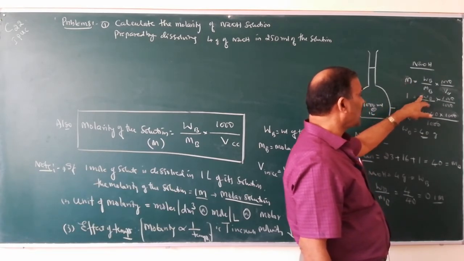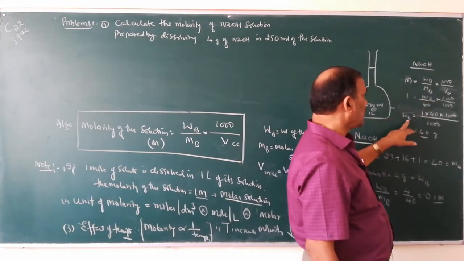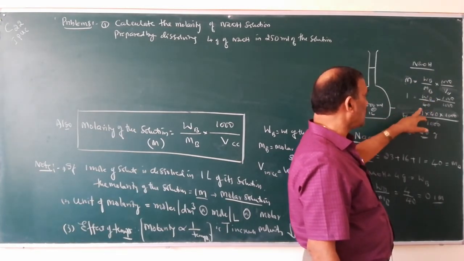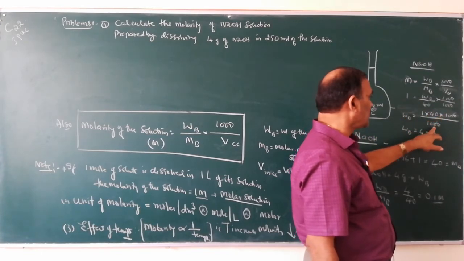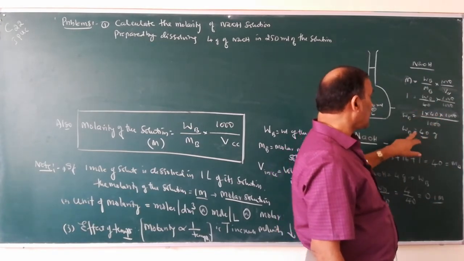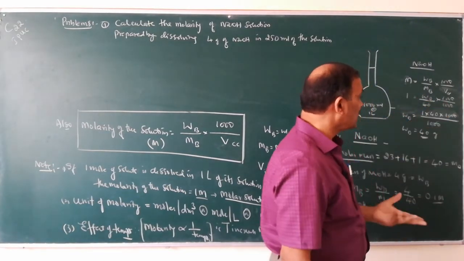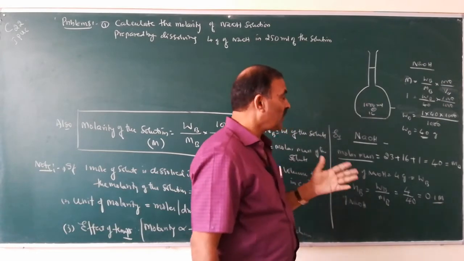Then I can calculate the weight of the solute to be taken. WB is equal to 1 into 40 into 1000 divided by 1000, which equals 40. So if 40 gram of sodium hydroxide is dissolved in 1000 cc of solution, you will get 1 molar solution.